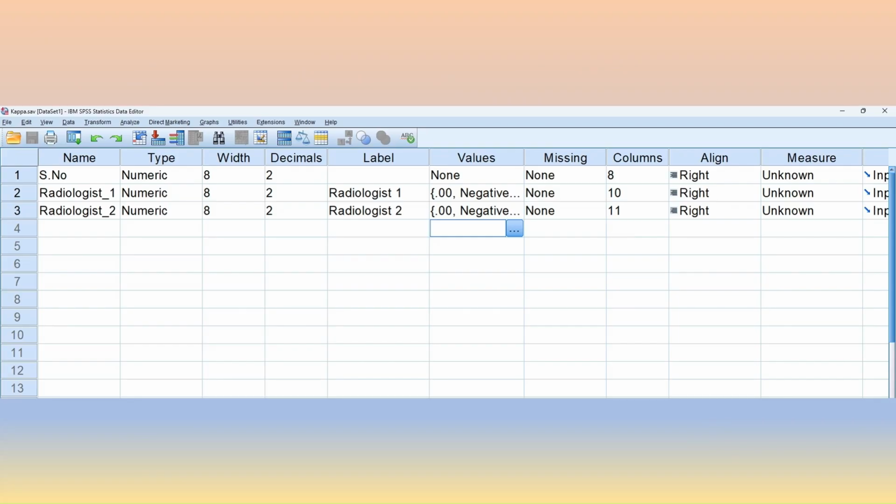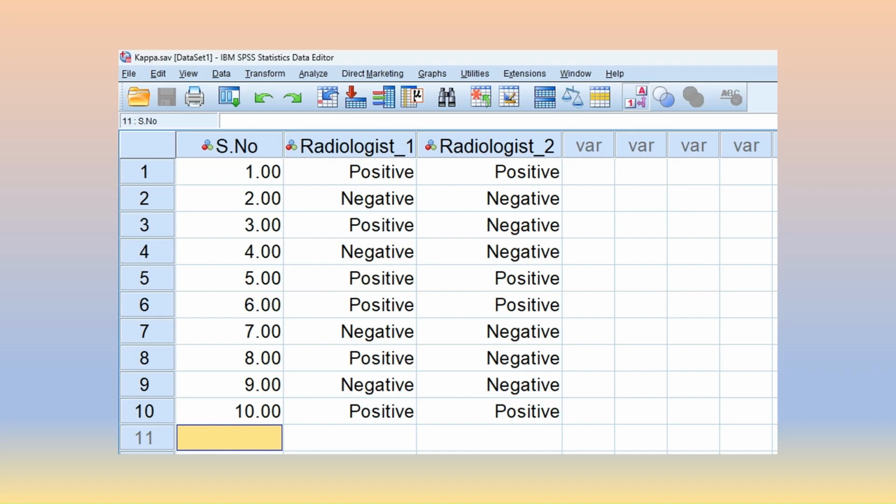First we open the SPSS file and create the variables radiologist 1, radiologist 2 and serial numbers, and give the values negative and positive, and enter the data in data view.